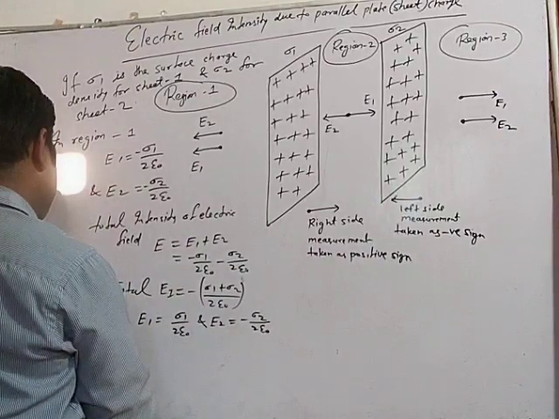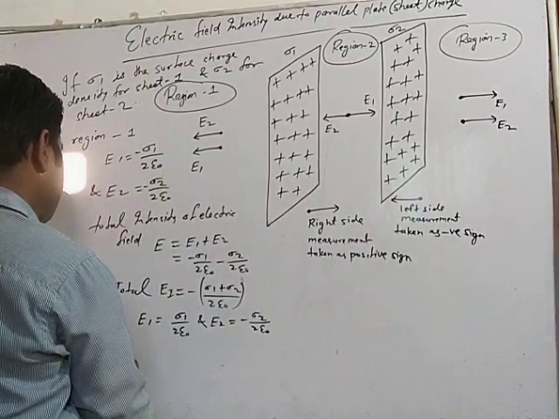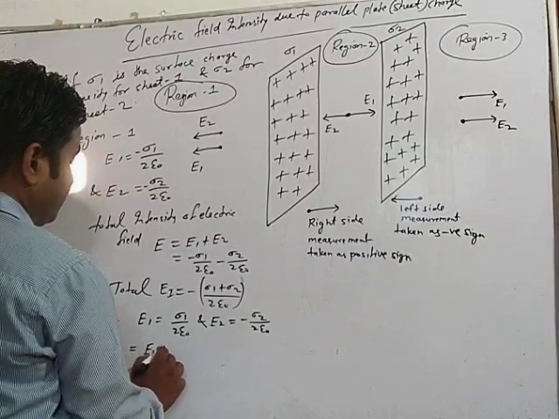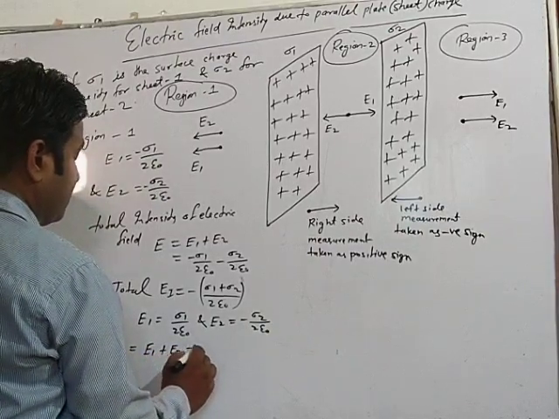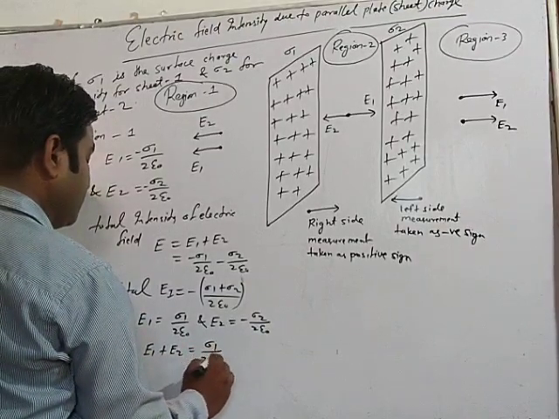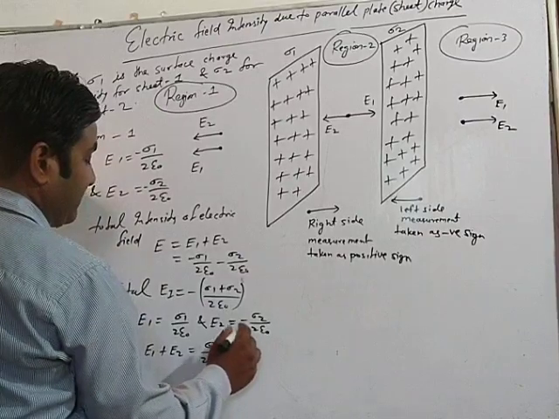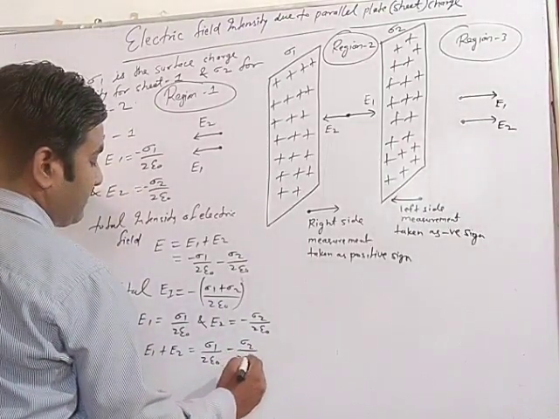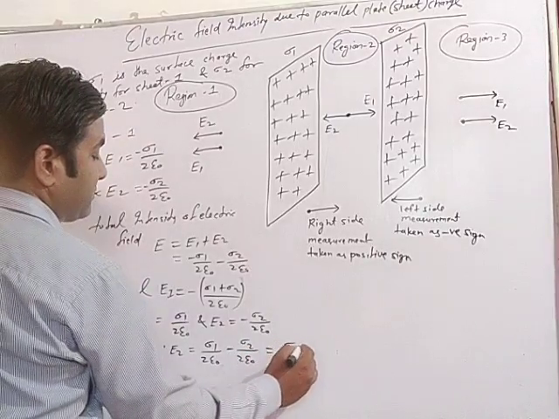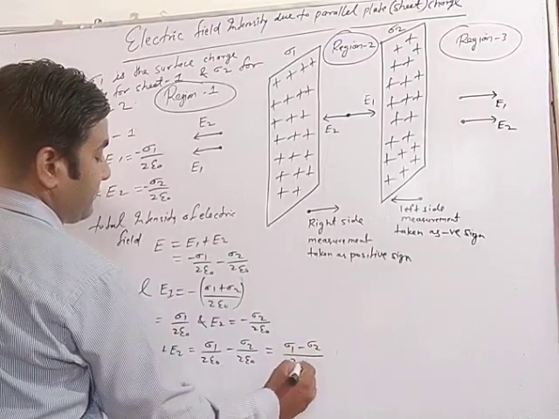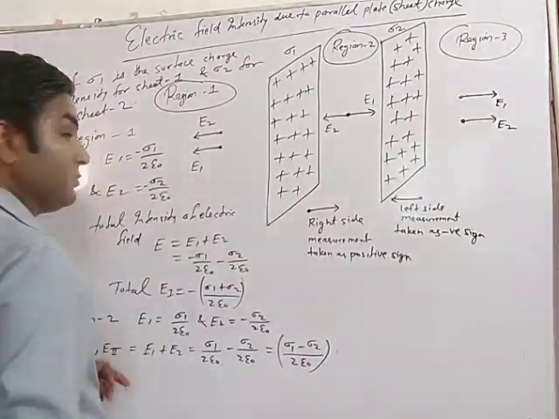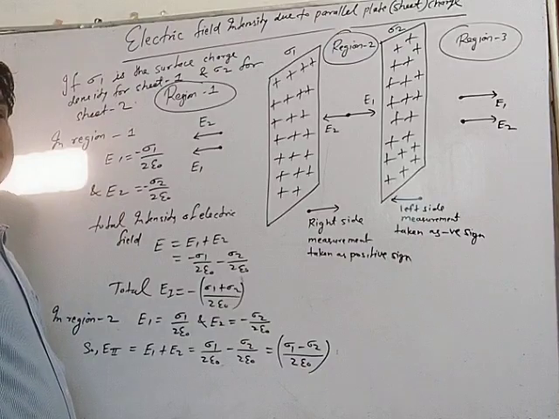So E total in the second region is equal to E1 plus E2, which is equal to sigma 1 upon 2 epsilon naught plus minus sigma 2 upon 2 epsilon naught, that is equal to sigma 1 minus sigma 2 upon 2 epsilon naught. This is the total value of intensity in region second.